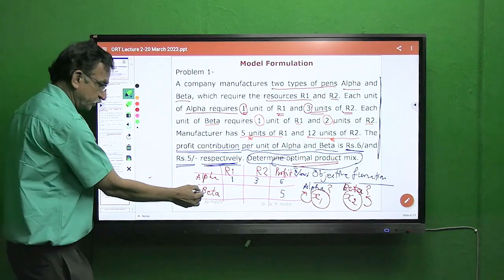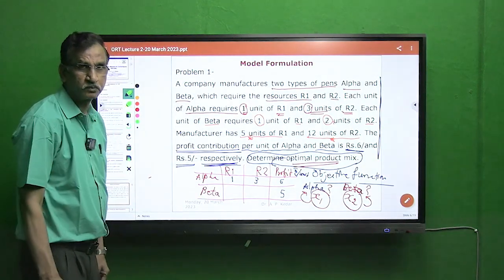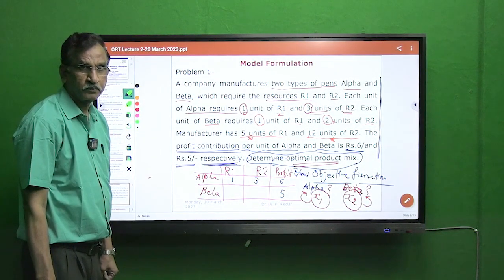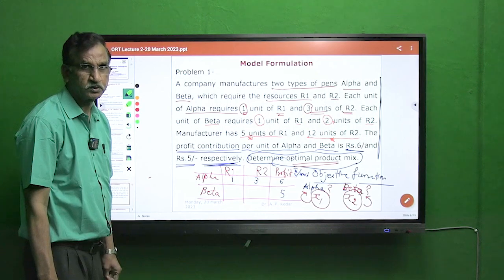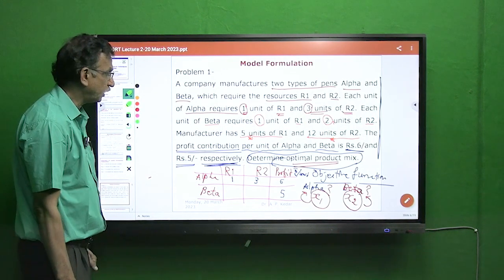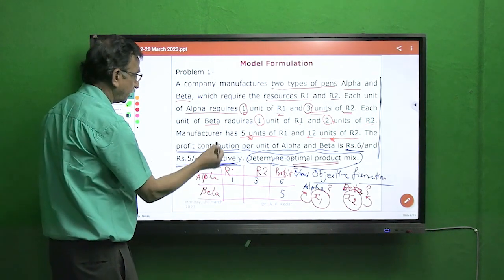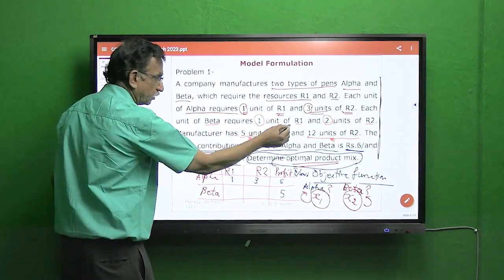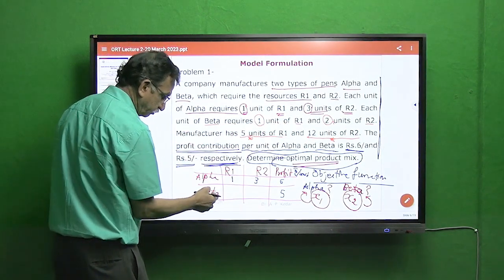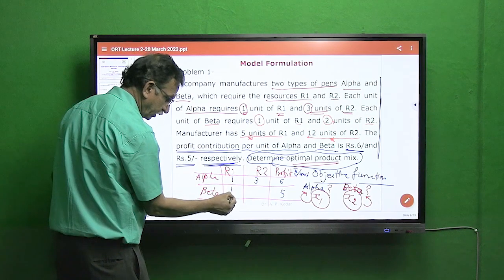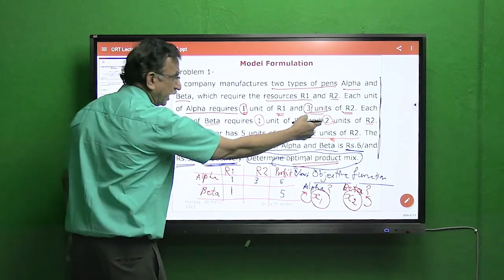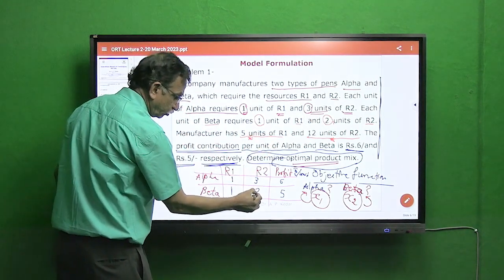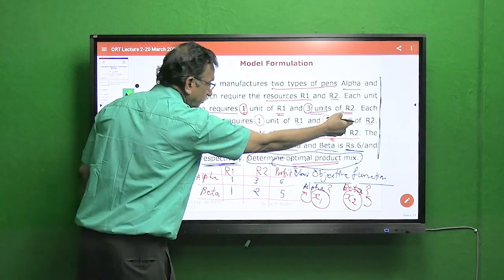Can you tell me likewise what I should write over here? Think. Correct, your thinking is correct. In the line for beta: each unit of beta requires 1 unit of R1 and 2 units of R2.